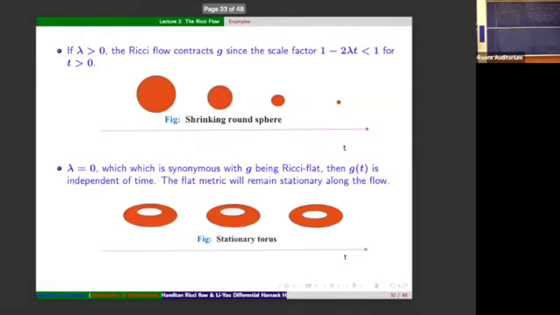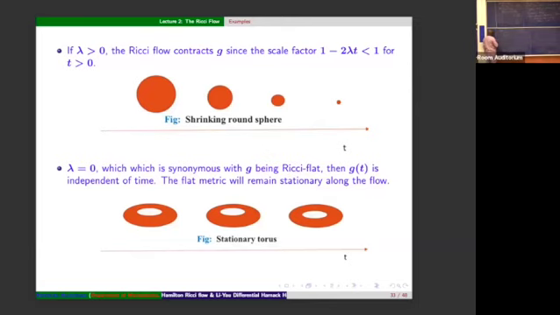You can see if lambda is greater than 0, the Ricci flow contracts G, since the scale factor you have here is less than 1. So this contracts. Let's say you have a sphere, for example. We know a sphere has constant curvature 1, which is lambda equals 1 here.